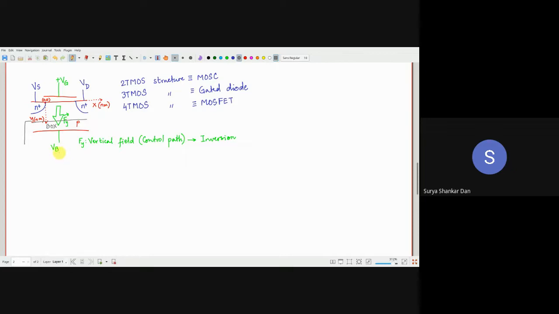That will basically classify the SOI structure. Why do we call it SOI? Silicon on insulator. This insulator is the buried oxide, which I have written as BOX. So silicon on insulator is the full form of SOI technology.